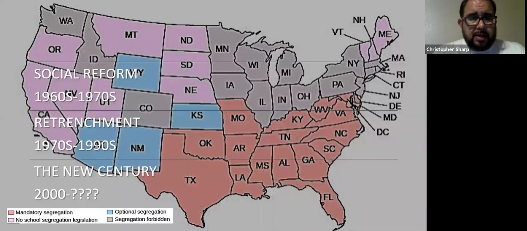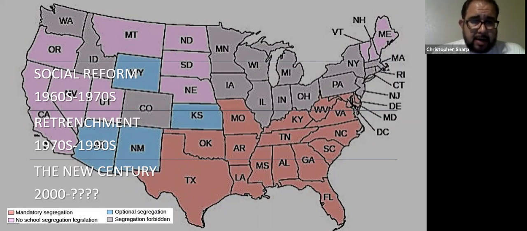And moving into the 1960s and 70s, that's where we saw the civil rights era, we saw the war on poverty, we saw desegregation. And so this map on the backdrop is actually a map of the states that required segregated schools, where it was optional.